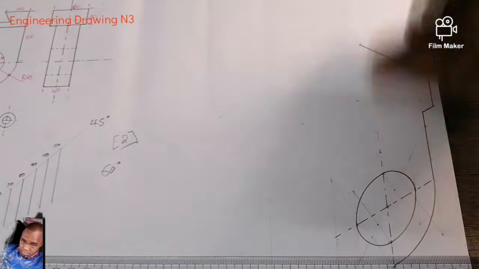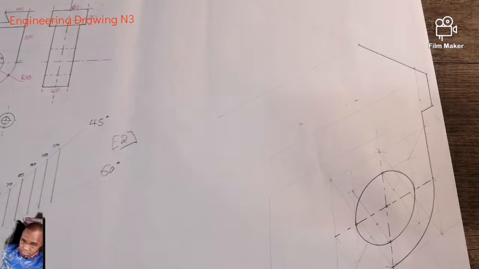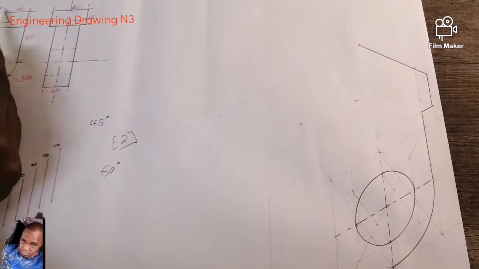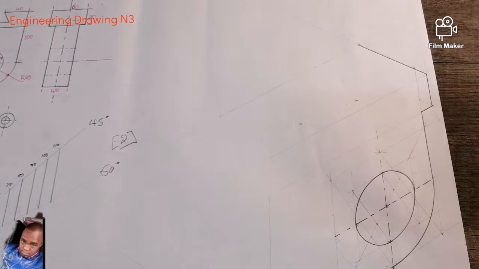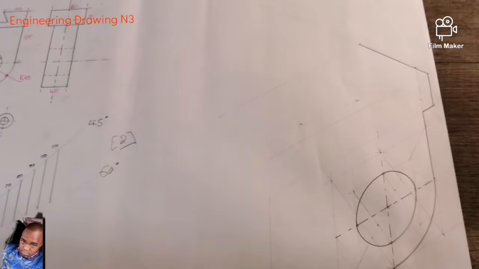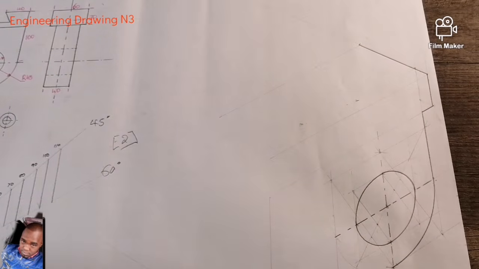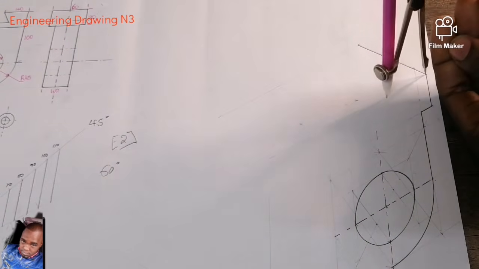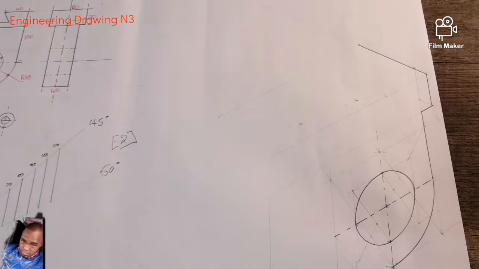You understand? So I can come back to say from here till here is 40 millimeter, which is this one from our given views. But remember, the 40 is converted to isometric scale. These 40 are the one that we started with, if you still remember. So this is my 40. I mark. After 40 is 60.